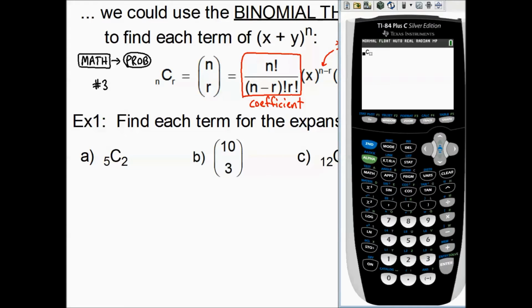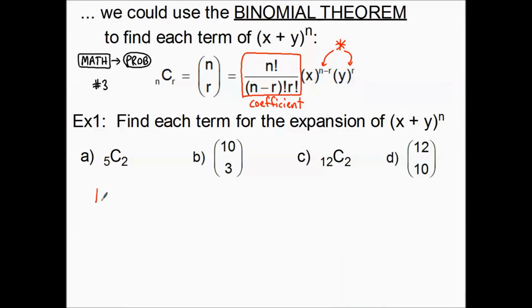I've got my 5, and then I'll arrow over to the 2. If you have an earlier version, then you'll have to push the 5 first and then go to math, probability and pull up your nCr. So when I push enter here, I get 10. So the coefficient is 10.